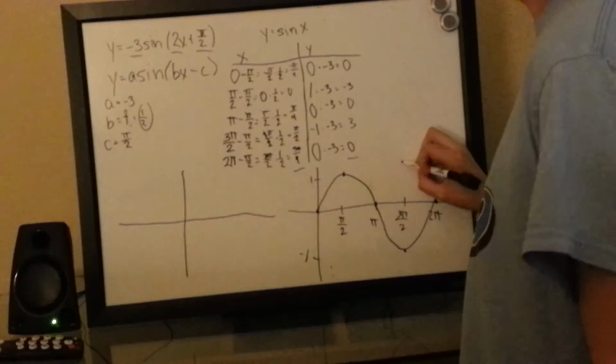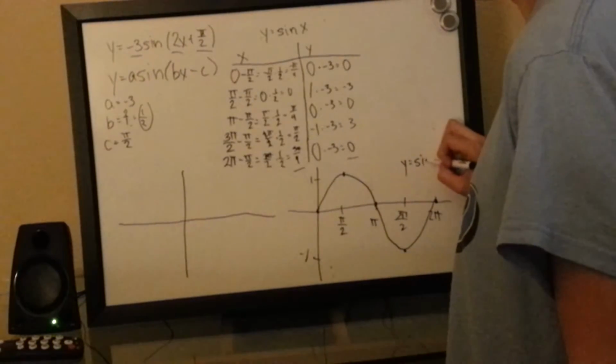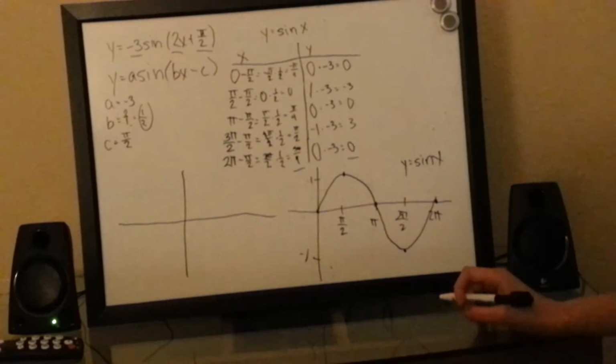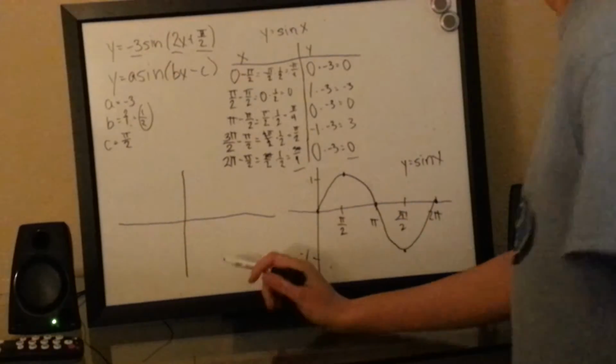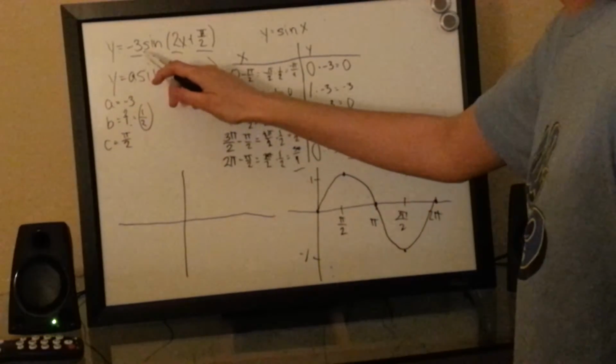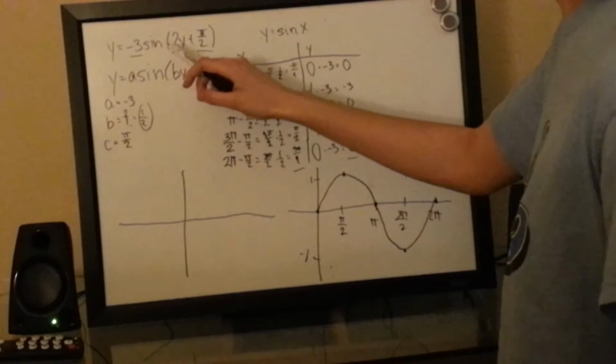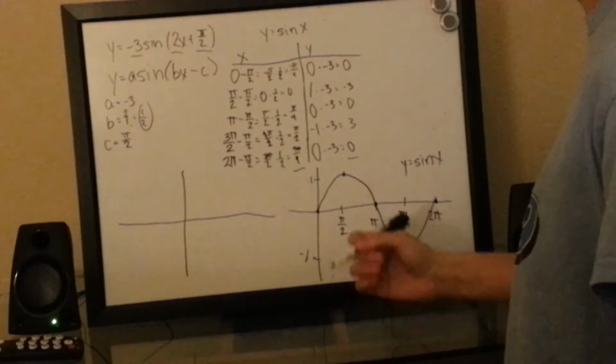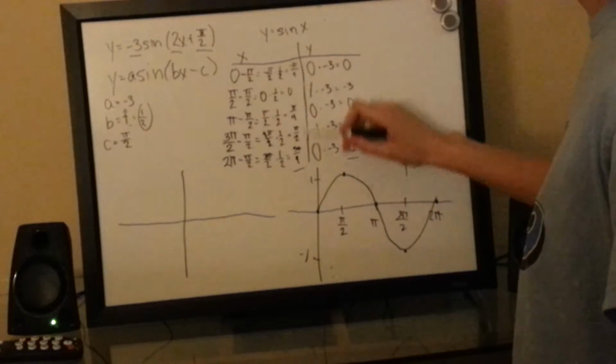So this is the graph of the parent function, y equals sine x. And now I'm going to graph y equals negative 3 sine 2x plus pi over 2, using the values that we just got.